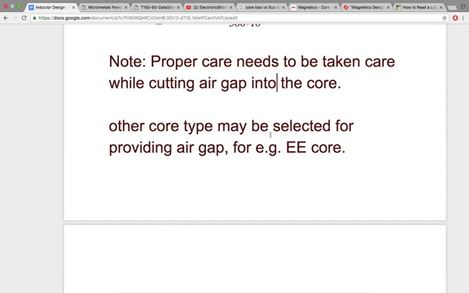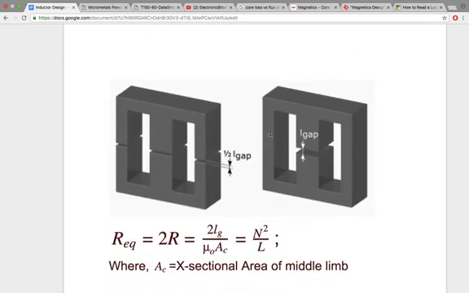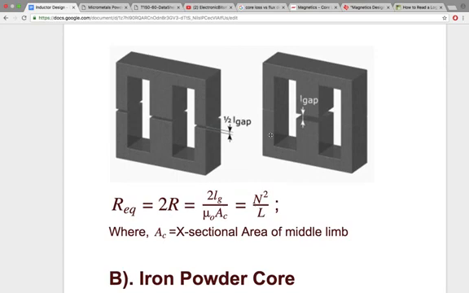Any other core for which it is very easy to provide the air gap, you just separate and put some insulating materials in between, and that length you can definitely match. So this is basically a double E core with air gap being shown here.